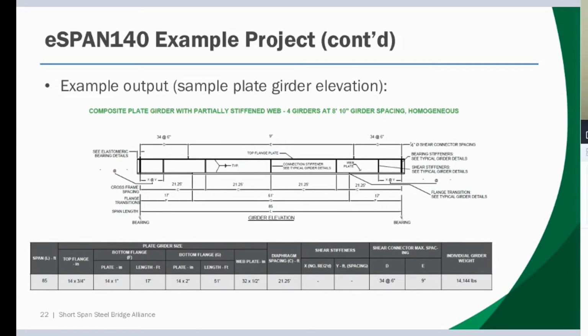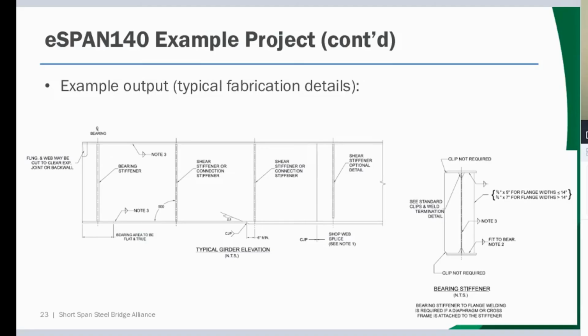So based on the inputs that I just generated, eSPAN searched the standard designs and found that a potential plate girder solution would be a homogeneous plate girder with a 14 by 3/4 inch top flange, a 32 by 1/2 inch web, and a bottom flange that is 14 inches wide and transitions from 1 inch thick at the end to 2 inches thick at midspan. And you can see the shear stud layout, the diaphragm spacing, as well as the individual girder weight.